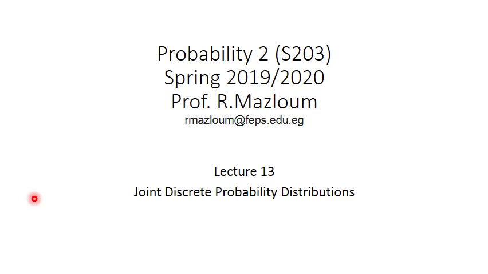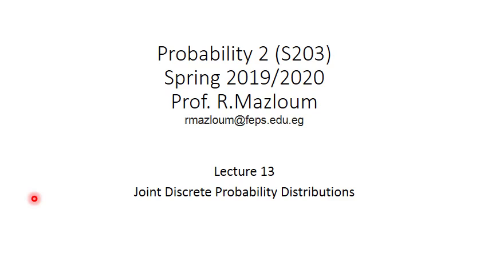We started last time with the bivariate case, and we defined the joint cumulative distribution function, capital F of X and Y. I gave you the definition and the properties, which are an extension of the CDF and its properties in the univariate case, which you all know.